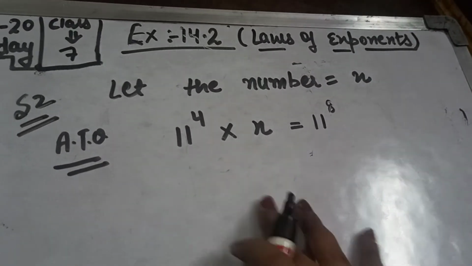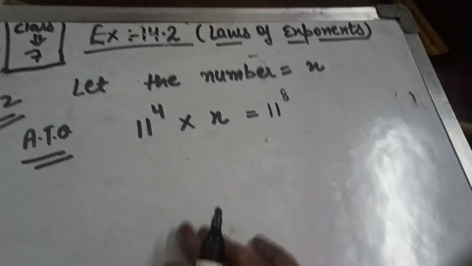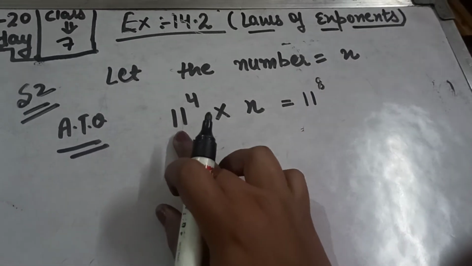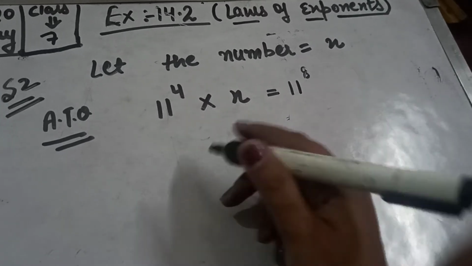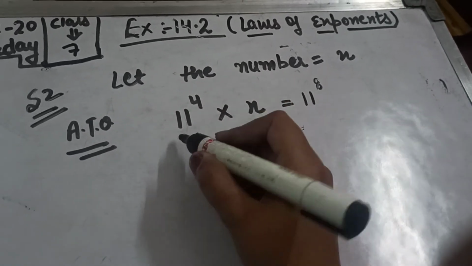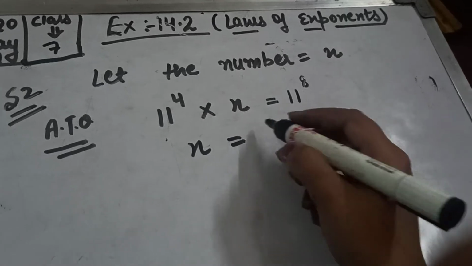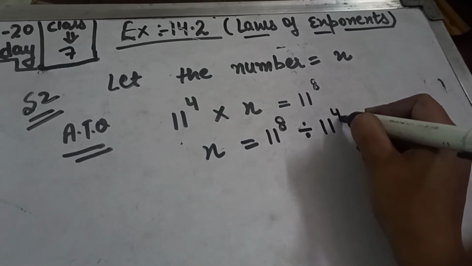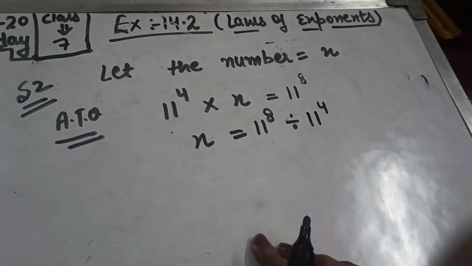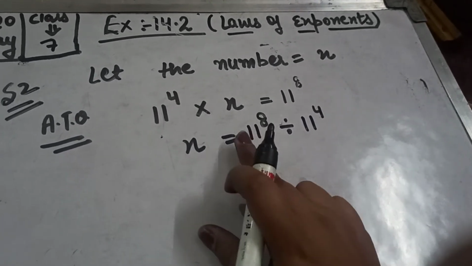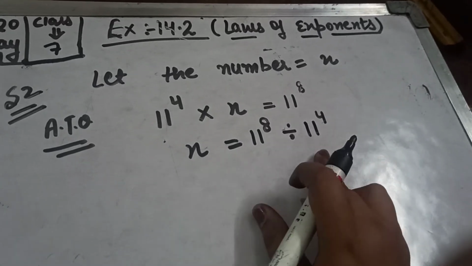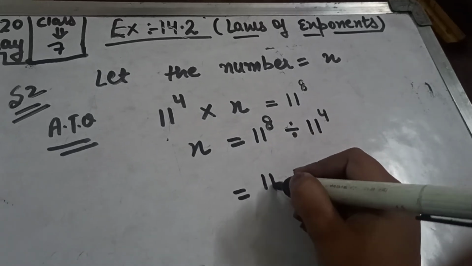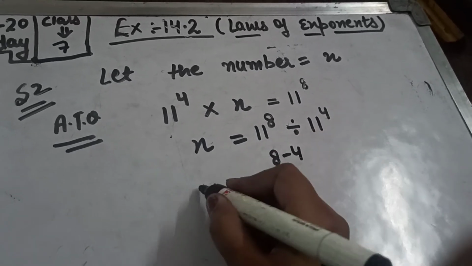Right? So according to the question, this is our equation. So here we have to find the value of x. We will take this 11 to the power 4 to the right hand side. So it was in multiplication, then on this side it goes in division. Now come to the second law of exponent, that is when the base is same and we have to divide, we subtract the powers, 8 minus 4.